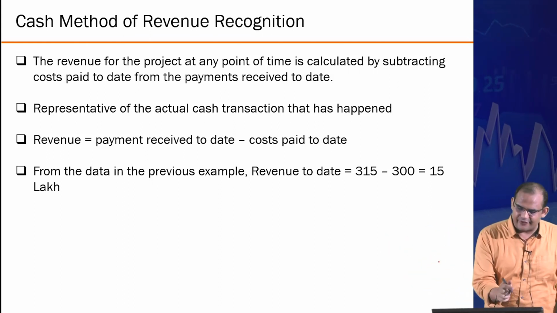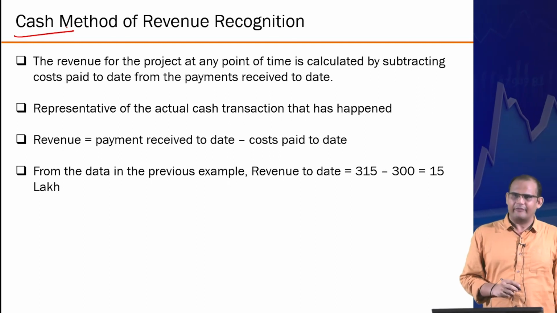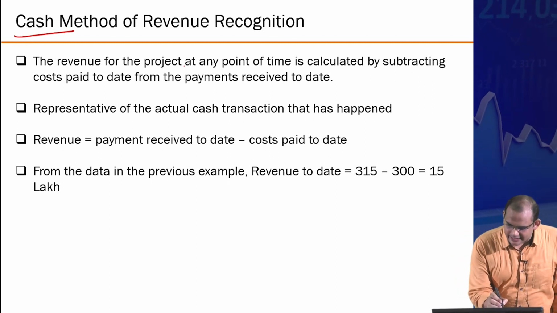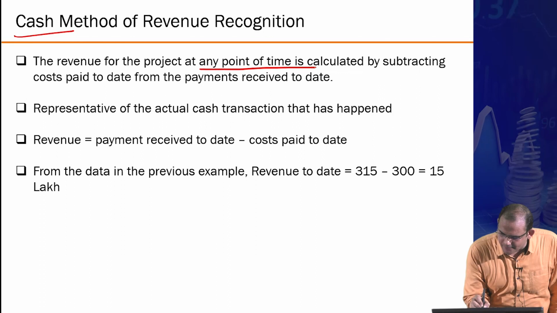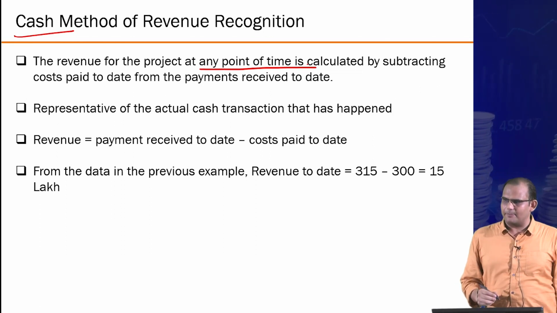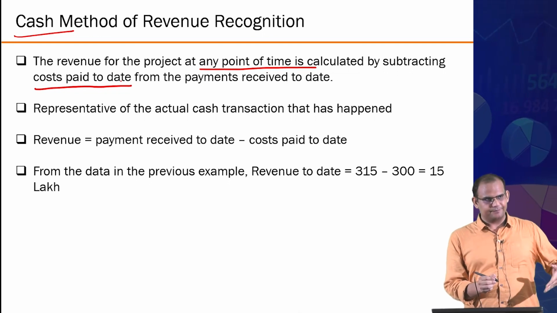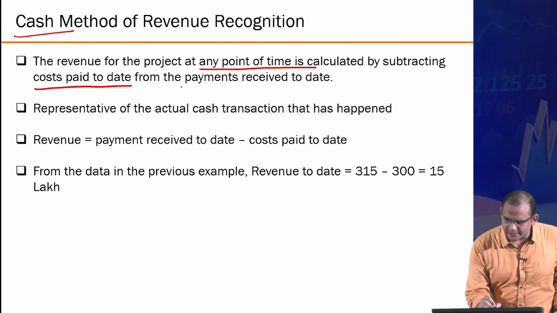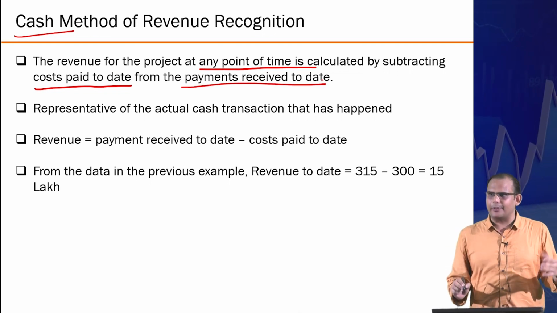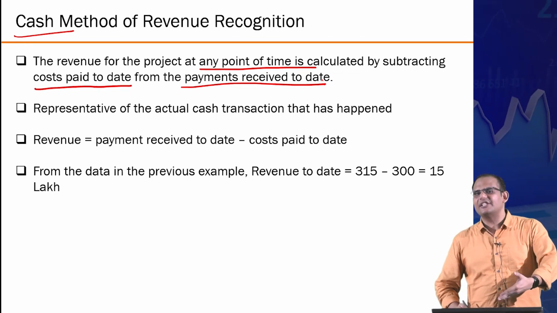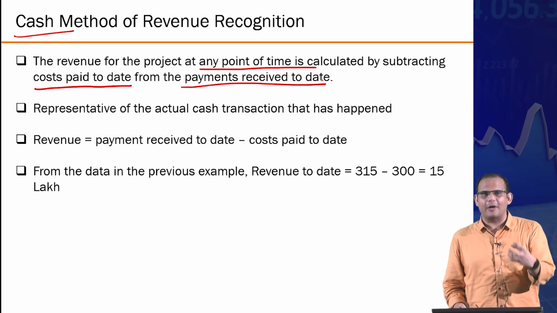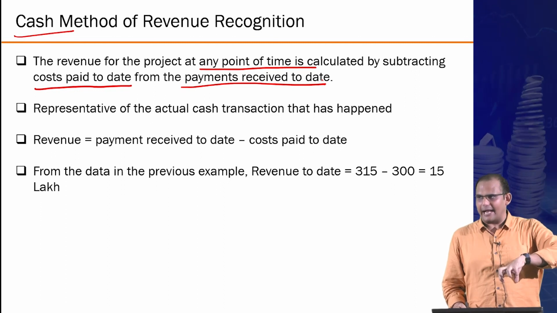But essentially first is the cash method for revenue recognition. The revenue for the project at any point of time is calculated by subtracting the cost paid to date from the payments received to date. This is essentially how much cash you have in your hand.